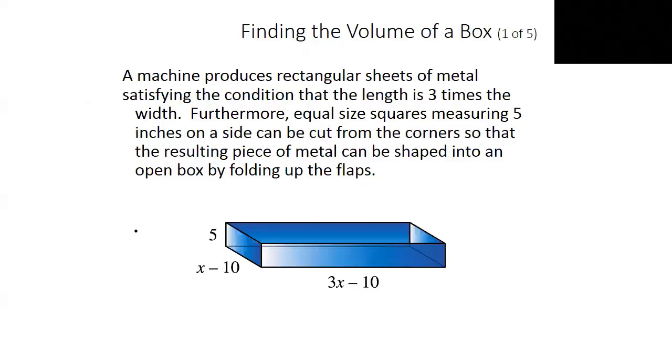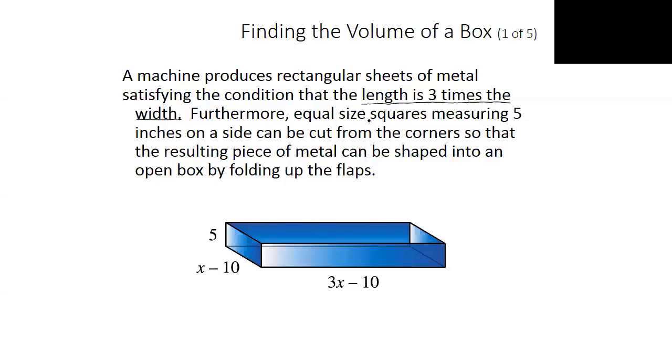Okay, here is another application problem. Here we have a machine that produces rectangular sheets of metal satisfying the condition that the length is 3 times the width. We're going to remember this information here, that the length is 3 times the width.